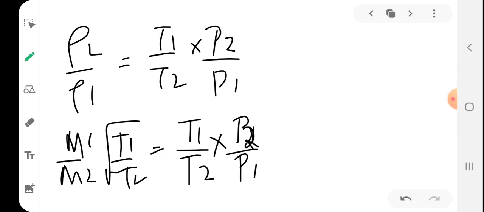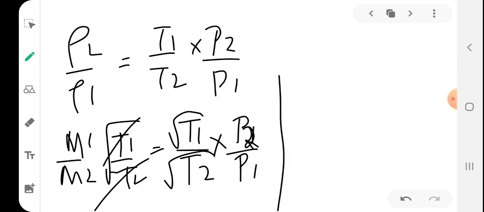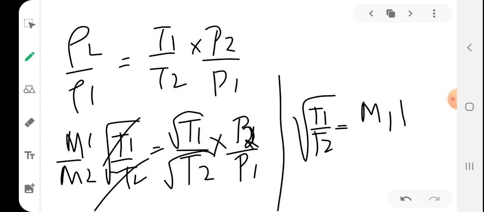Now you just try to cancel this. If this cancels, what remains is root T1 here and root T2 here. So you can write root of T1 by T2 is equal to M1 P1 by M2 P2.